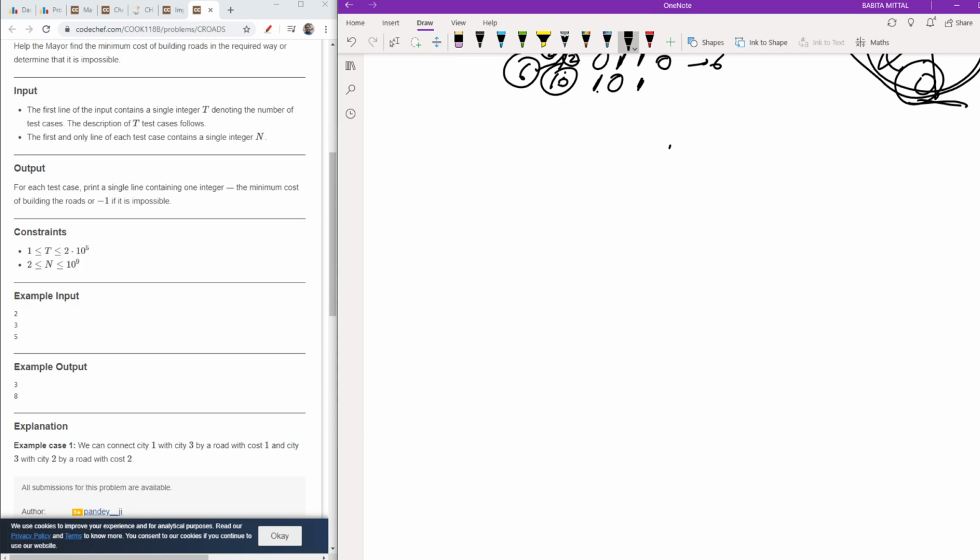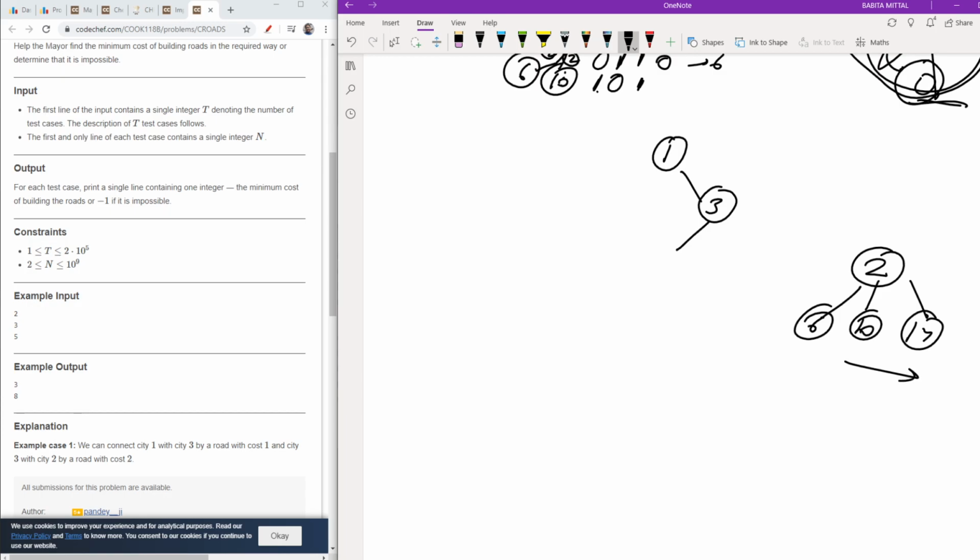For 1 I attach it with 3, as I showed you why. Now for 3 I attach it with something. Now I will show you how I attach it. If you say, Aryan, for 2 you will attach 6, 10, 14, these numbers, but you will start with 1 always.